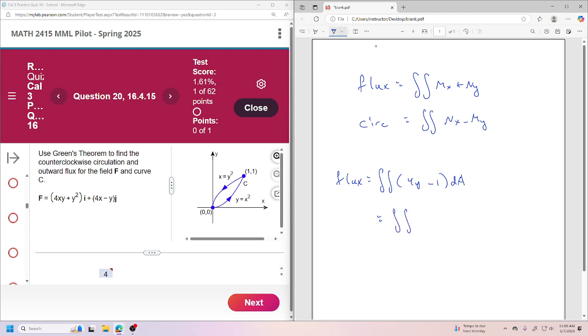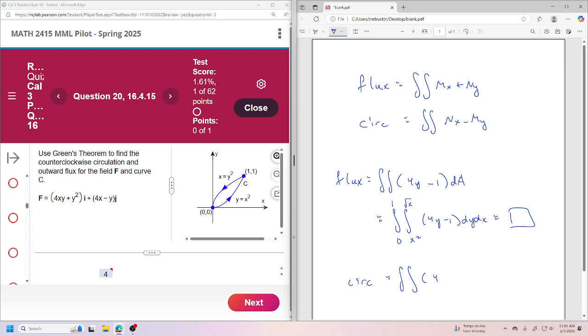So on the bottom is y equals x squared. On the top is y equals, 0 to 1 of this thing, and then we'll get an answer here in a second. For circulation, in terms of x, 4x plus 2y.